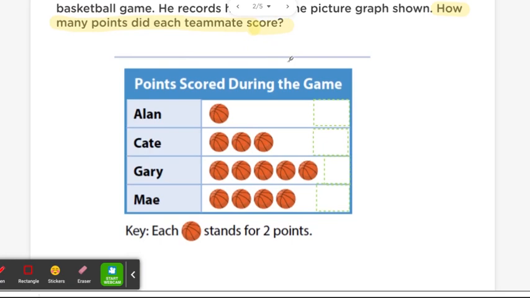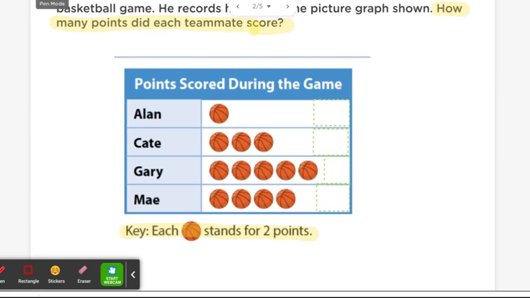This is what we want students to answer. Because it's a picture graph, they actually need to look at the key and make sure that they understand what these basketballs stand for. And whether it's a basketball or another symbol, they need to always come down here and look at the key.